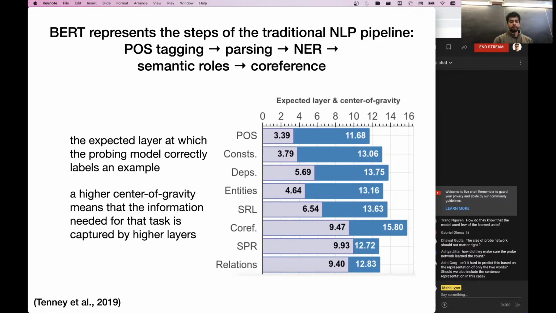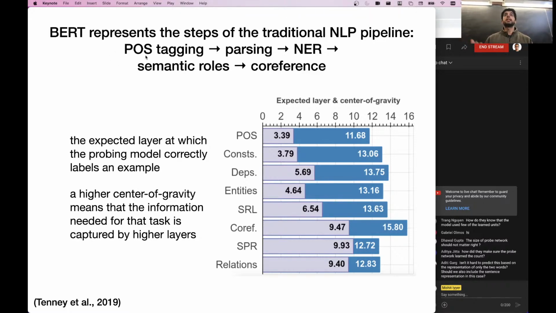This paper, Tenney et al., finds that a model like BERT basically reproduces all of the steps of what used to be the traditional NLP pipeline, of which we've talked about almost none of these tasks because they are not really performed anymore for solving any downstream problems.